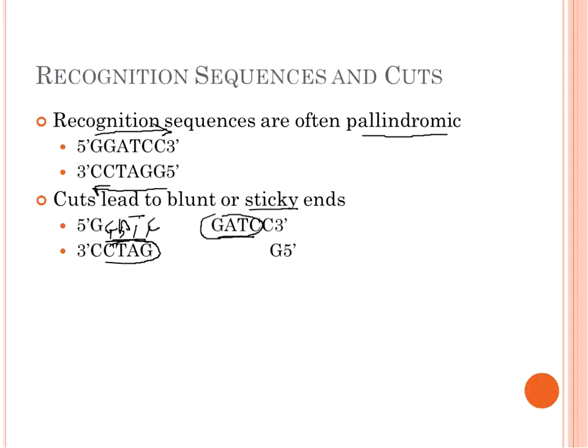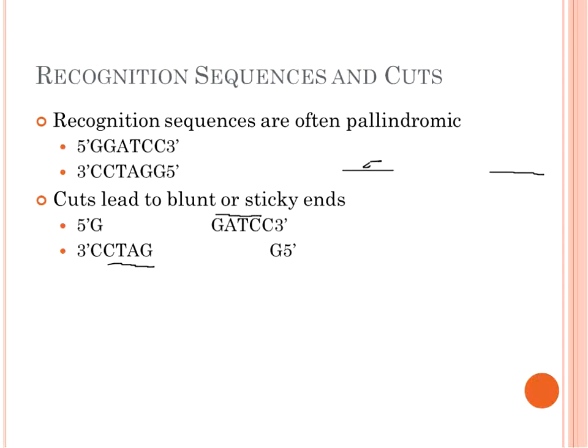And the neat thing is, let's say that you cut a piece of DNA with one particular restriction enzyme. It's always going to create the same sticky ends. This enzyme is going to create the CTAG and the GATC ends, right? So imagine that here is my DNA that has been cut, and this one has the CTAG end, and this one has the GATC end.